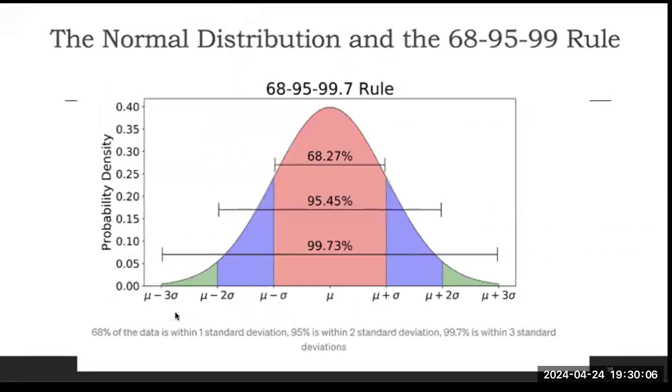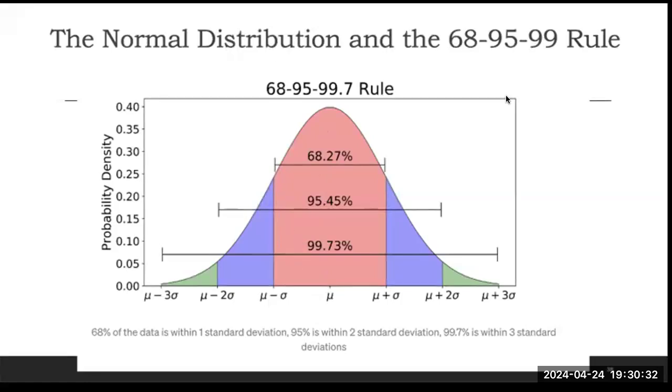So for the normal distribution, it has specific characteristics that we think is very important, helps us predict things. If a curve is normally distributed, you can apply what we call the 68, 95, 99.7 rule. Here's how it goes. Mu is that funny looking U in the middle. That is the mean score.